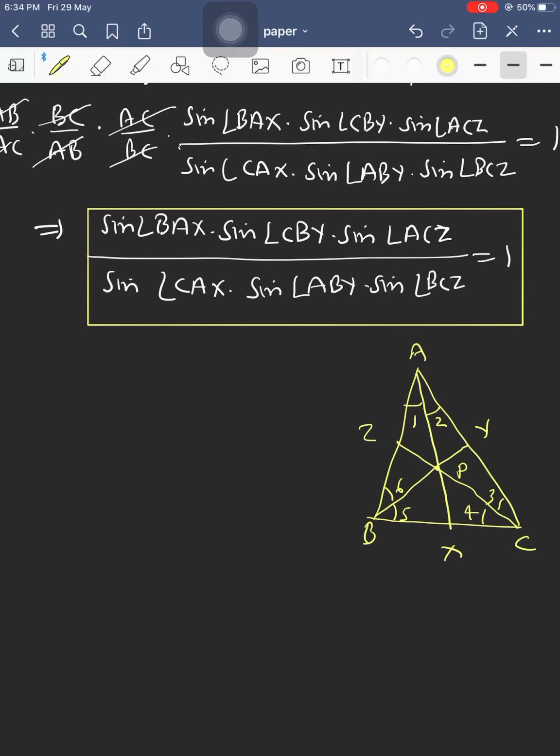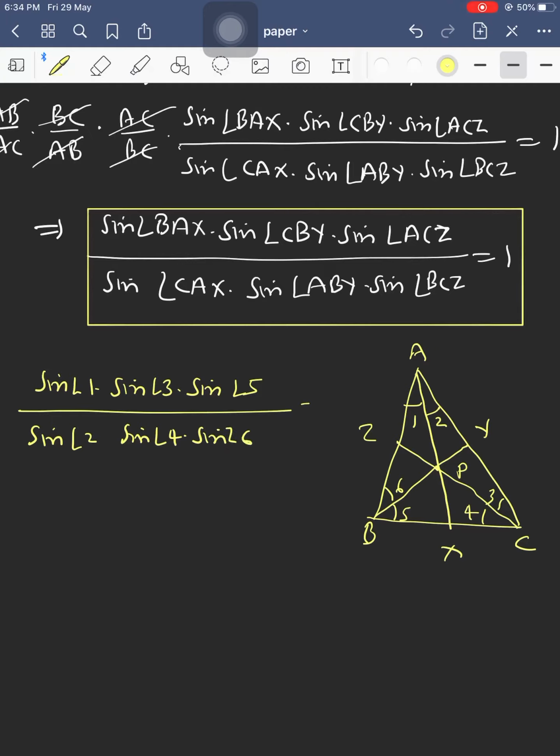This is a quick approach to learn the trigonometric form. In the numerator, we write sine angle 1, sine angle 3, sine angle 5, all odd numbers, and in the denominator we use even angles, sine angle 2, sine angle 4, sine angle 6, equals 1. You can learn this result also. And this is the end of the trigonometric form.